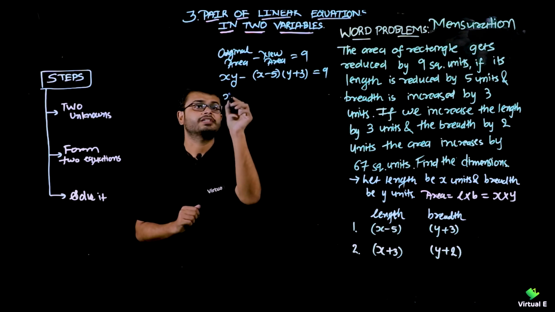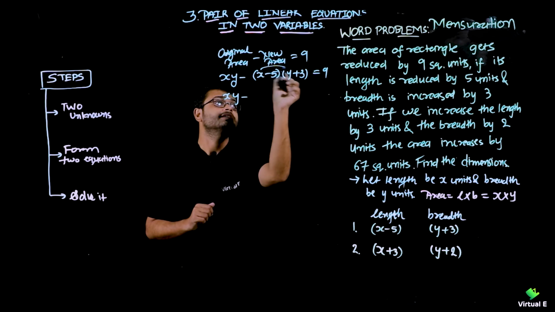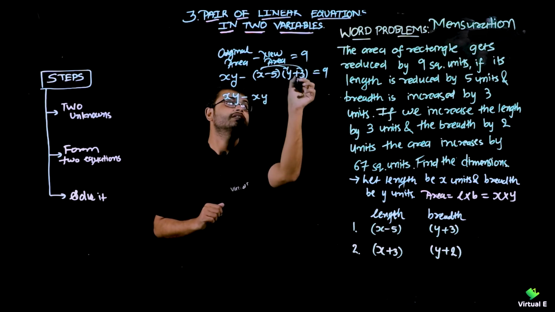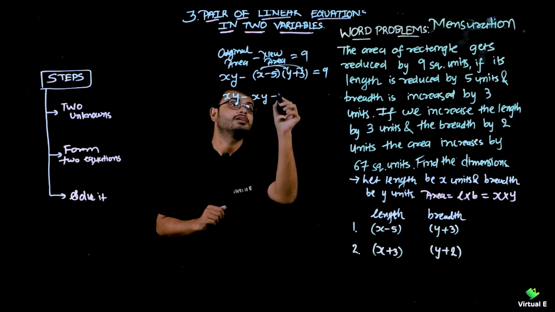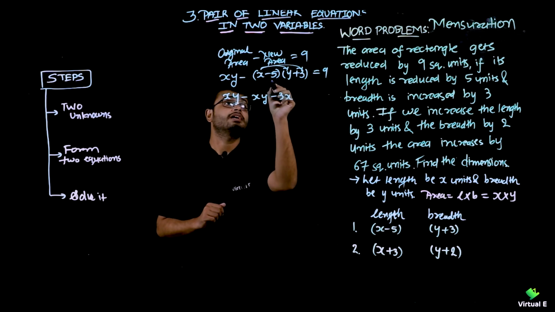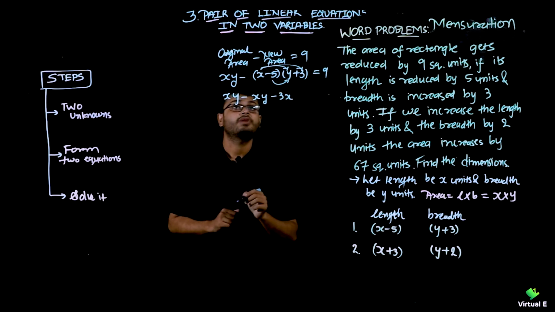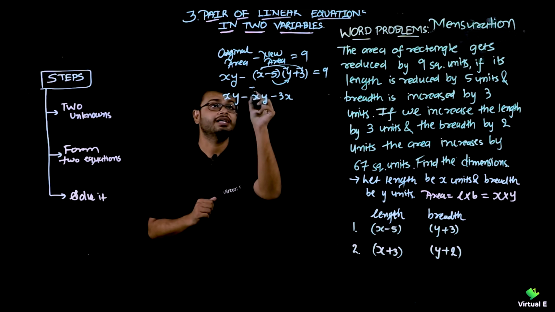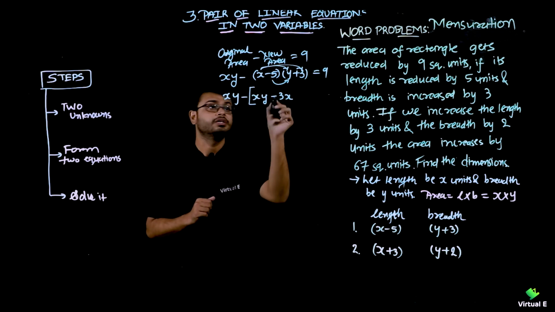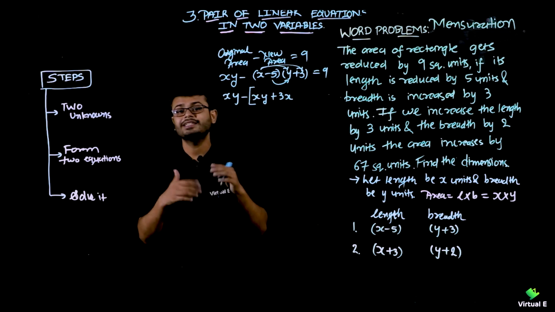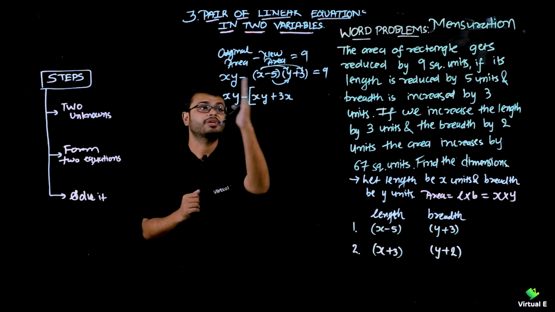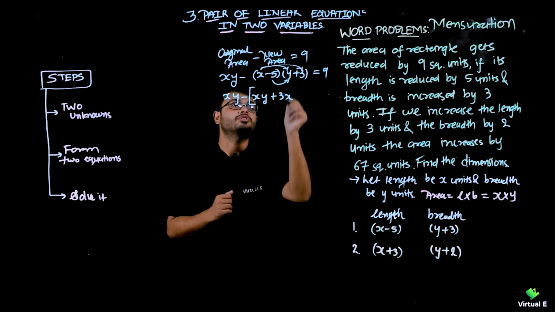So let's start: xy as it is, minus x into y, which is minus xy, minus x into 3, that is minus 3x, then minus 5 into y. Now we can do one thing over here, as it is a minus sign, let's keep it in a bracket. That will avoid any mistakes related to sign, negative and positive. So I'm keeping the 3 as positive.